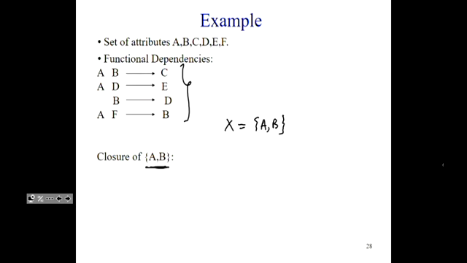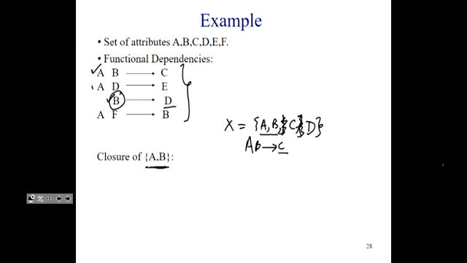AB implies C. Yep. So I have AB implies C, A and B are present in X, C is not present in X, so I can change this to AB, comma C. Good. I made progress. What next? B implies D? Sure. The left hand side is present in X, right hand side is not, so I can change this to A, B, C, D. What next?